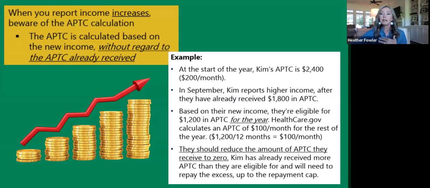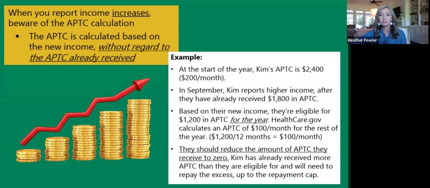So she's already used up, see, she's already used 1,800, and based on her new income, she's only really eligible to get 1,200 for the year. And since she's already gotten more tax credit than she's really going to be eligible for, you don't want to go ahead and use any more.